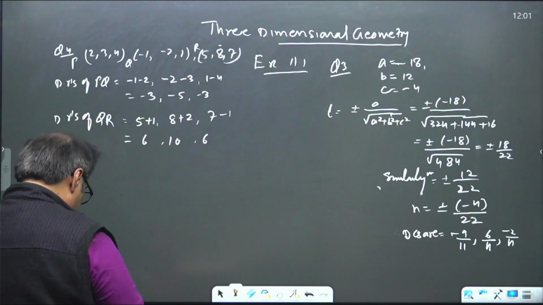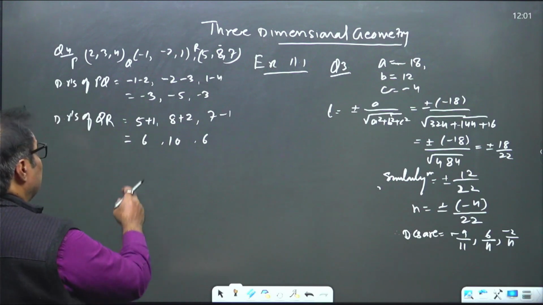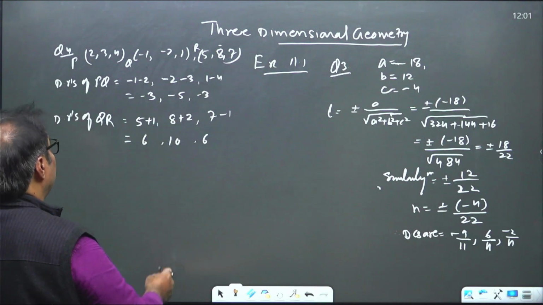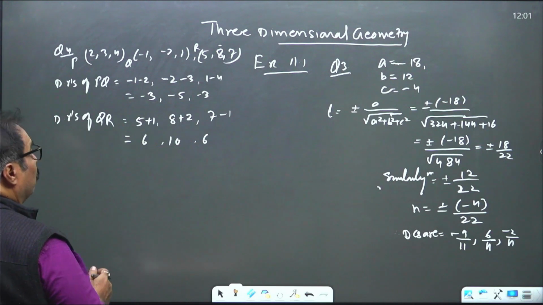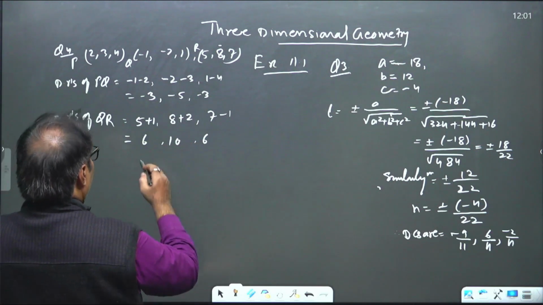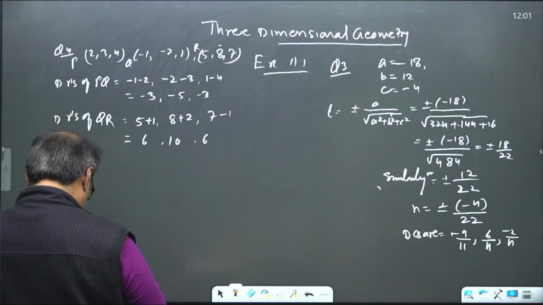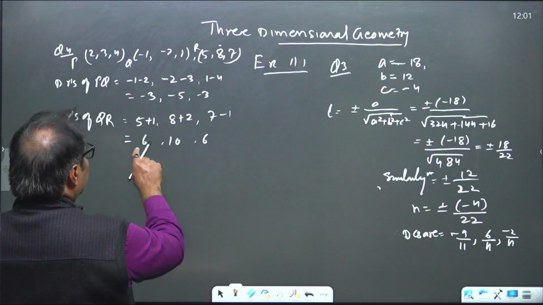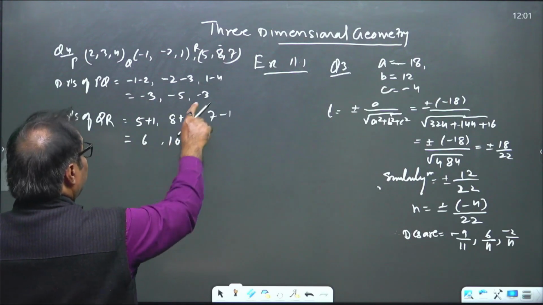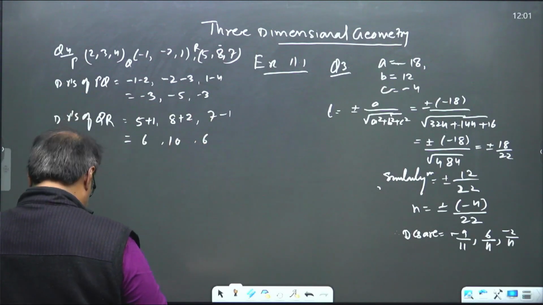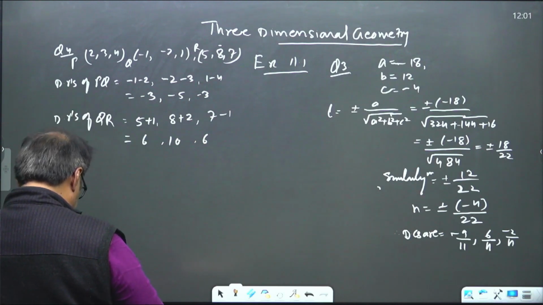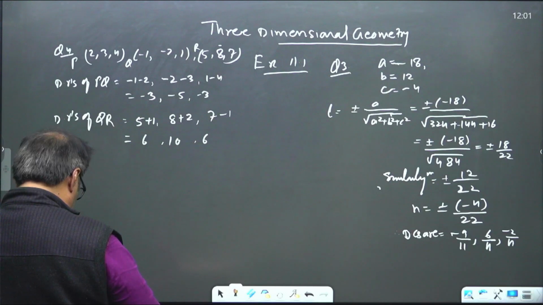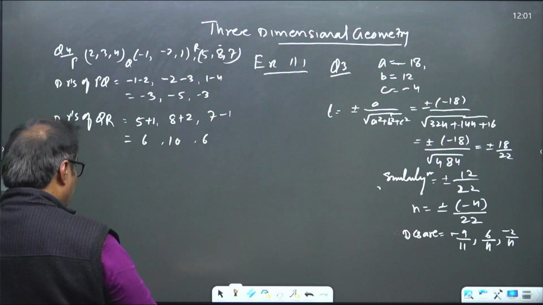Okay, so here 2 is coming common. 2 3 is 6, 2 5 is 10, and 2 3 is 6. So it can be seen that the direction ratios are minus 2 times.